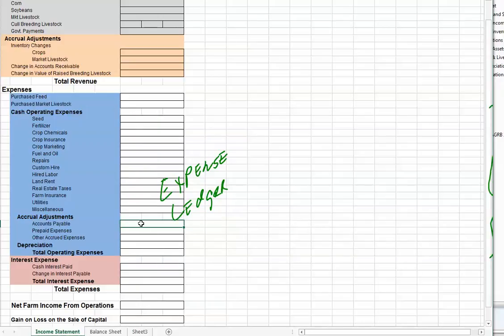The information for accounts payable, prepaid expenses, and other accrued expenses comes from the chart of accounts for each one of those items. The other accrued expenses could be many different things, as we talked about earlier in the chart of accounts. That could be rents, property taxes, or accrued insurance. There are lots of things that could go in that category. So let's take a look now at accounts payable.